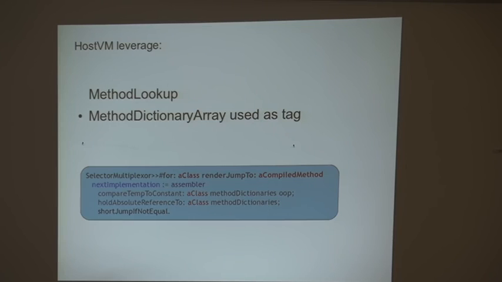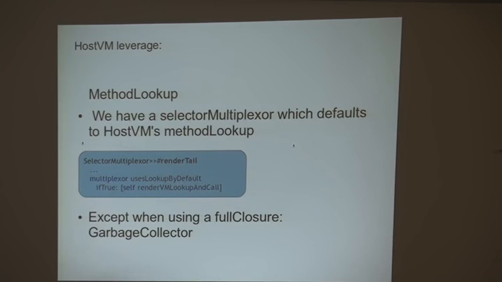So we compare the method dictionary for every class, and again we use the method dictionary as a tag. Also, when we don't have the actual implementation, we leverage on the host VM method lookup. So we say, okay, we don't know how to solve this message, so please host VM solve it for us.